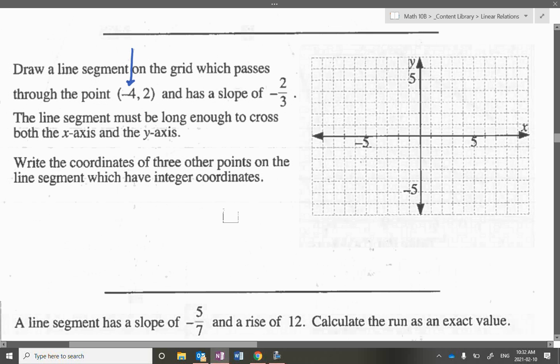Coordinates are always written X and then Y. So let's all plot this correctly, this point that we're given at (-4, 2). We're told we have a slope of -2/3. We have a negative slope then, so we're going downwards.